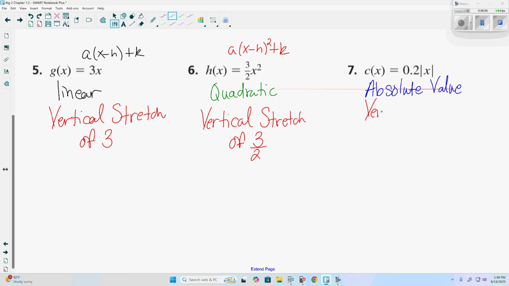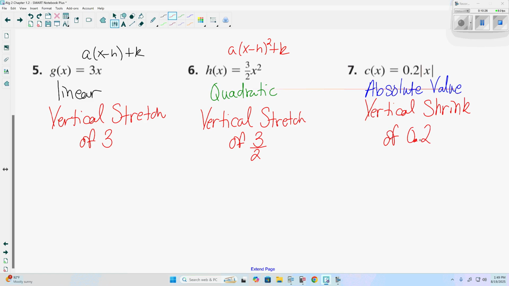It'd be a vertical shrink because 0.2 is indeed between 0 and 1. So would it need to be a vertical shrink of 0.2? Questions on anything we've done so far? We feel good with this so far.